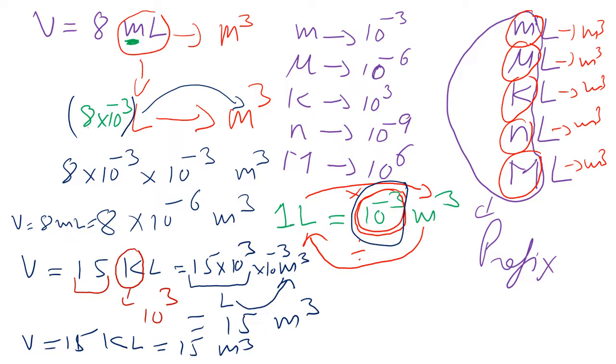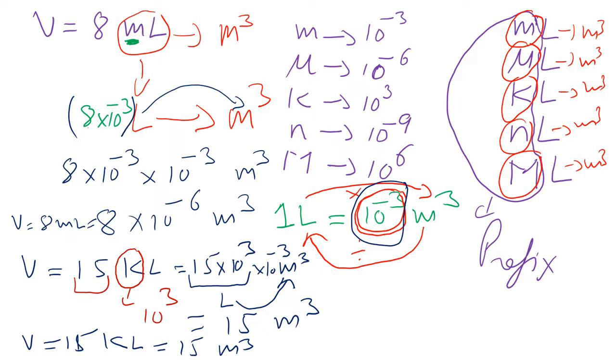You cannot directly change this 8 milliliter to meter cube. So what you can do is first change this milliliter into liter, and then change this liter to meter cube. If you are changing milli, this milli means 10 to the power minus 3.